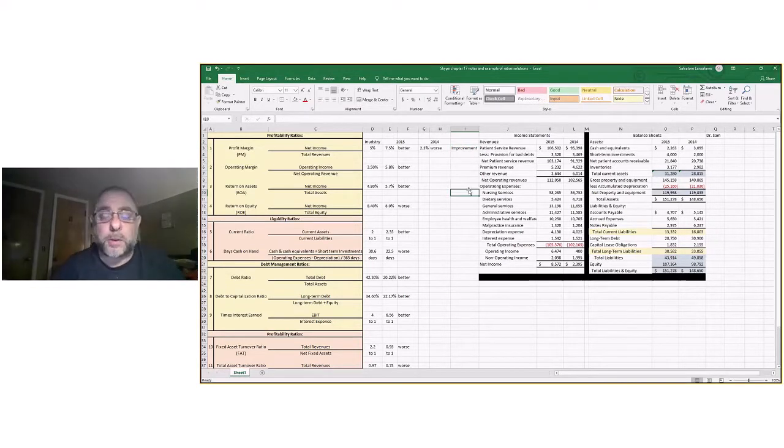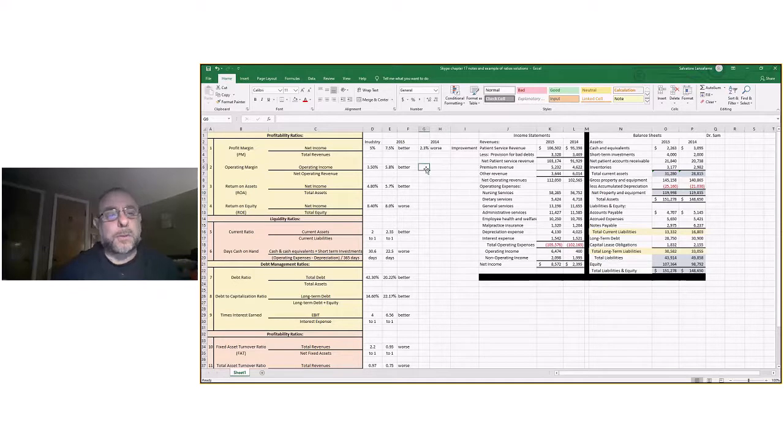And that's important. You want to see good progress. You don't want to see the opposite. Okay? So not only are we comparing 2014 to the industry and comparing 2015 to the industry, we're comparing 2014 to 2015. So definite improvement from 2014 to 2015.